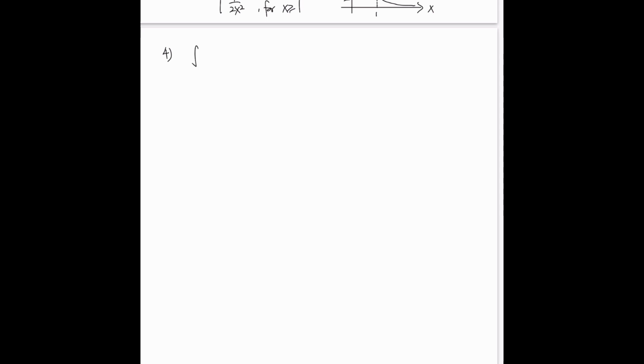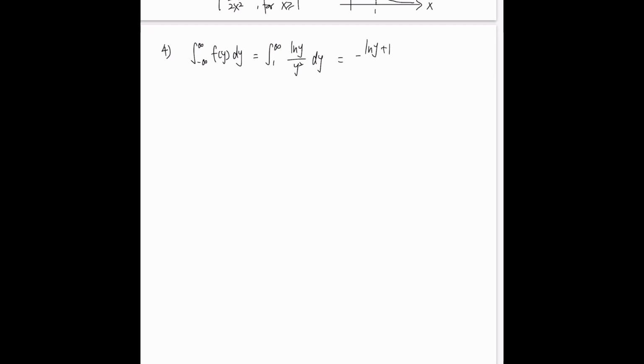For f of y, the integral from negative infinity to infinity of f of y dy equals the integral from 1 to infinity of log y over y squared dy, equals negative log y plus 1 over y from 1 to infinity, equals 0 minus negative 1, equals 1. So f of y is a valid density function.